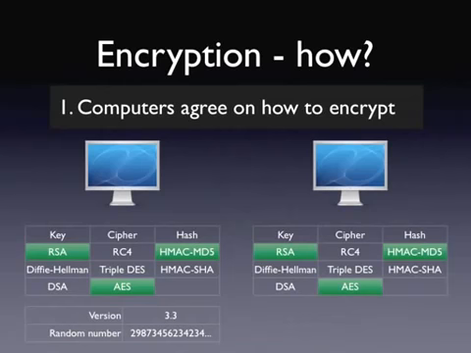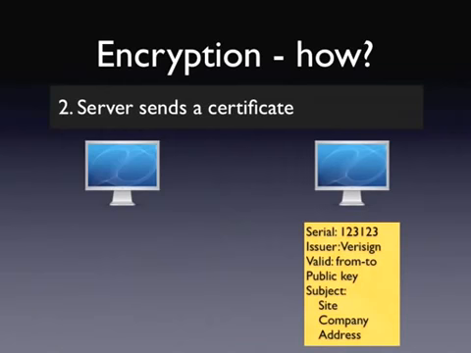Now once the client sends that message, the server then sends a hello message back to the client saying, I choose this key, this cipher, and this hash method. So now they've agreed, the client has said, this is what I can do, the server said, right, I pick these, and now they're ready to go on to the next stage.